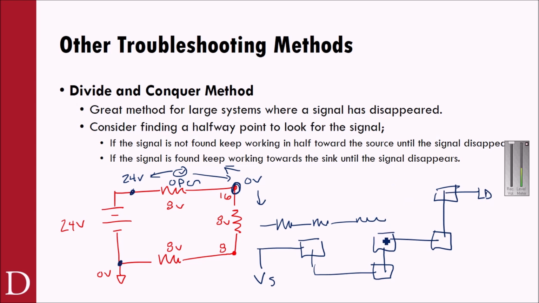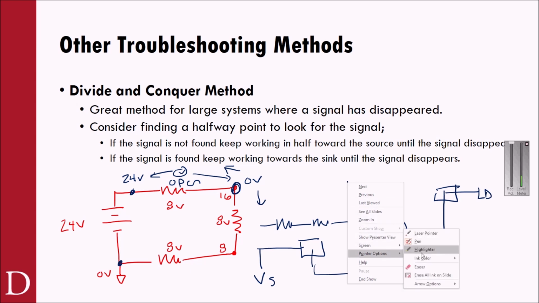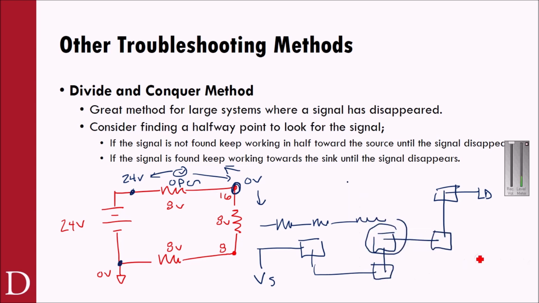I might be able to go into this J box here and look and say, okay, do I have voltage here? I do? Okay, let's keep going, and see where I don't have voltage. And I can just keep working towards the sink, towards the 0 volt source, or towards the source, based upon what I'm actually reading. So that's going to be an important troubleshooting methodology there.